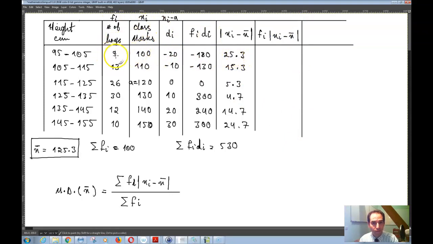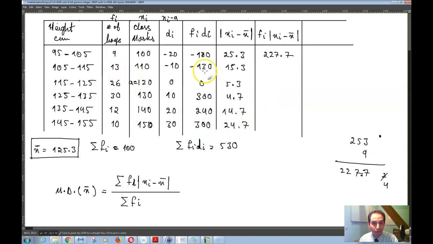For example, 9 times 25.3, which is 227.7.